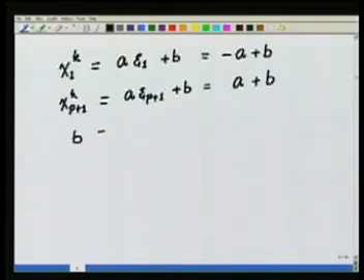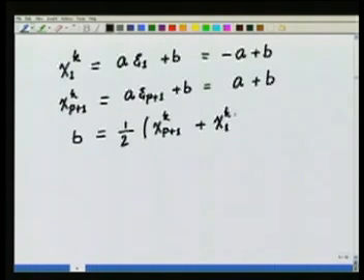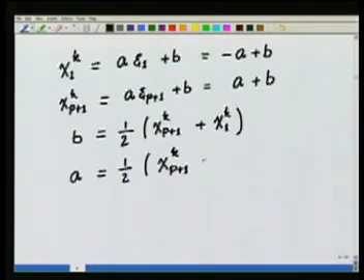So from here I would like to find out what is a and what is b. So b, if you see, will come out by simply adding up these two things as half of xp plus 1k plus x1k, and a will come out to be, if I go back and put it in there, as half of xp plus 1k minus x1k.